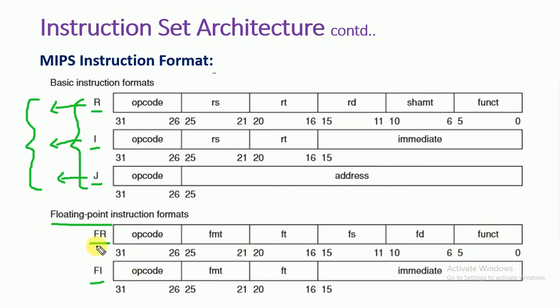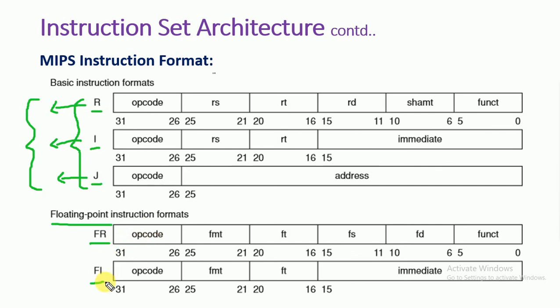So for the floating point R instruction, 0 to 5 is for the function, 6 to 10 for the destination register, 11 to 15 for the second register, 16 to 20 for the first register, and 21 to 25 for the format, which tells whether we are using single precision or double precision. And in 26 to 31 we have the opcode.